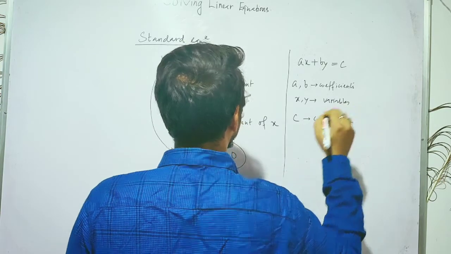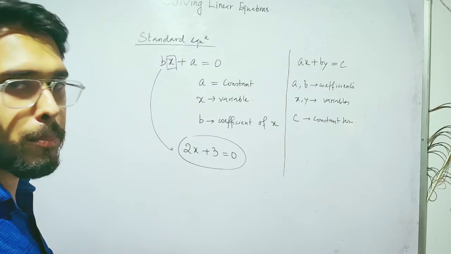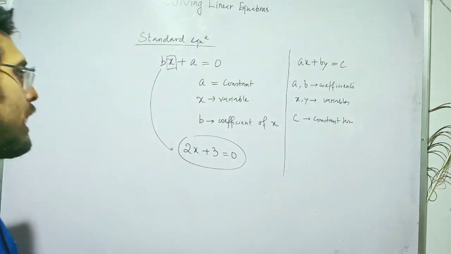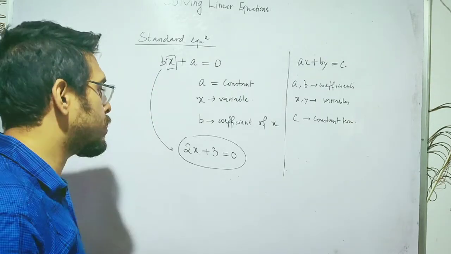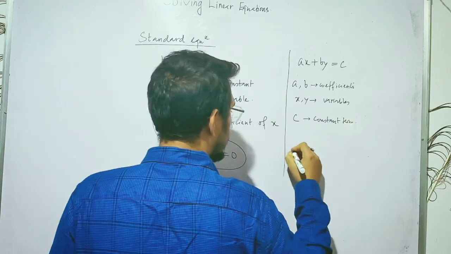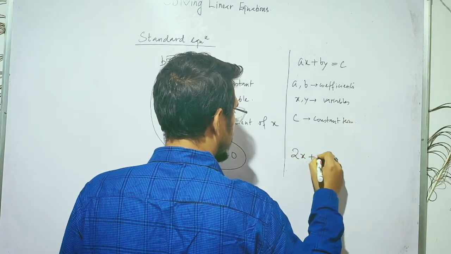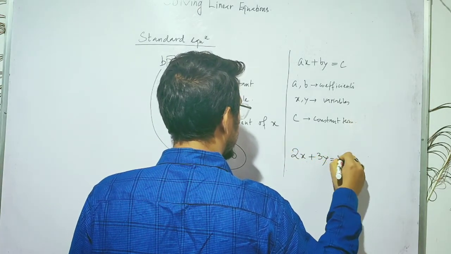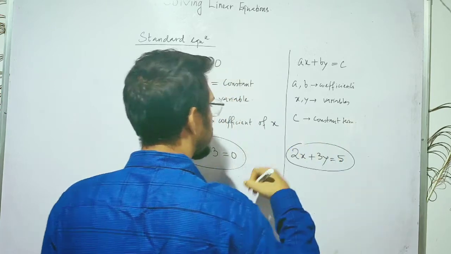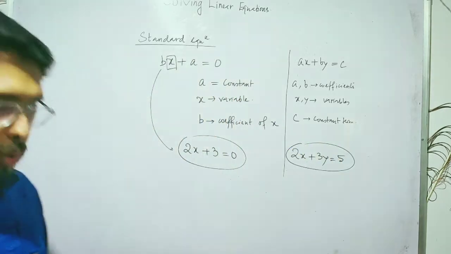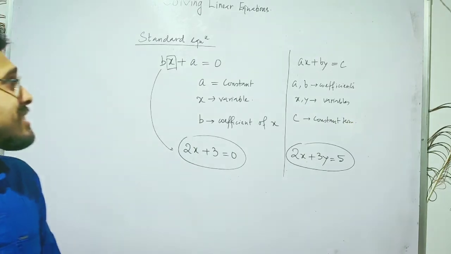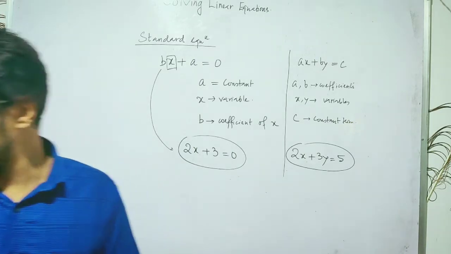Remember, constant term and coefficients, all of them will be comprising of numbers. Okay, and x and y will be the variables. So if you take an example, I can take a very simple example, 2x plus 3y equals to 5. So this is an example of a linear equation. Okay, so this is how we represent the linear equation.